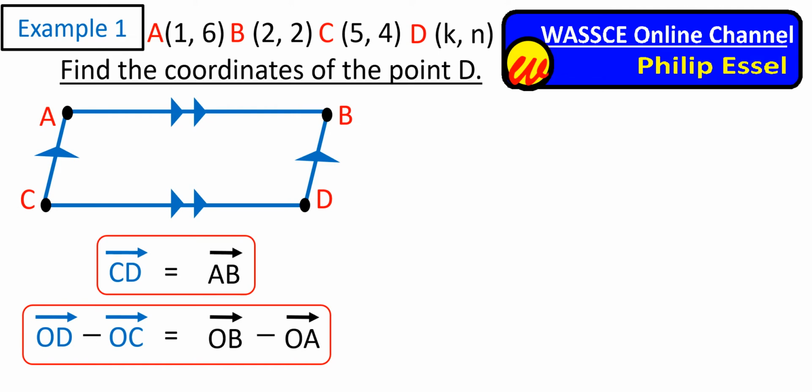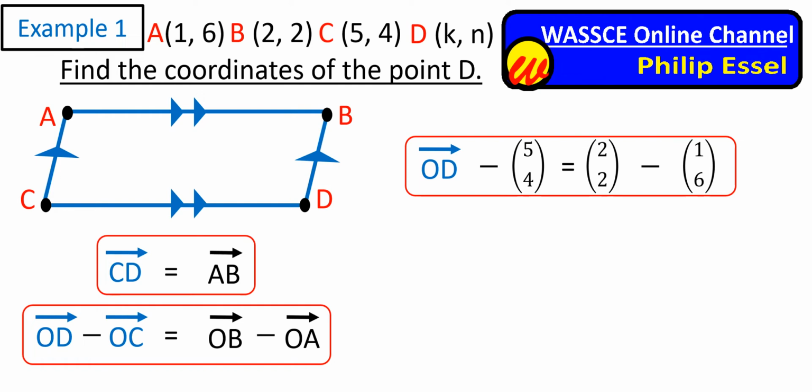At this point, all we need to do is to substitute the information given to us into this expanded vector equation. We know the point A, we know the point B, and we know the point C. So we just need to write them in their position vector format, and we will rewrite them into this equation.